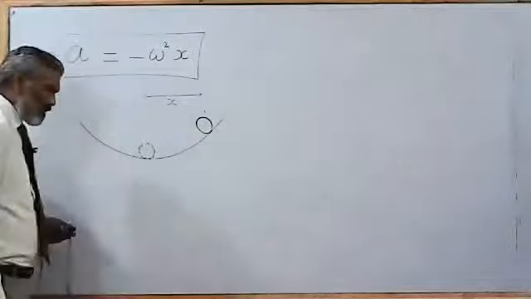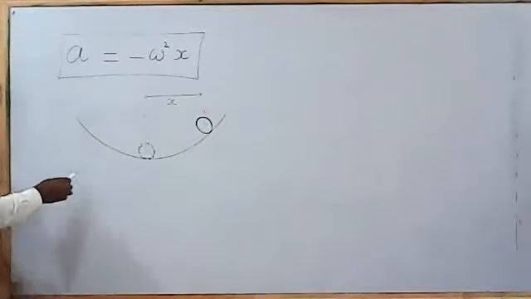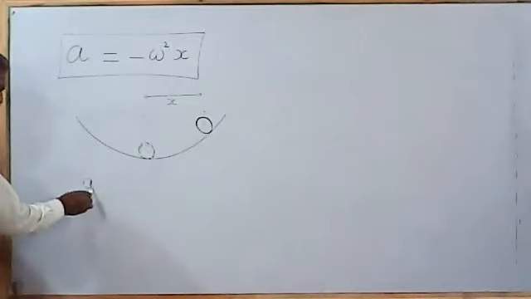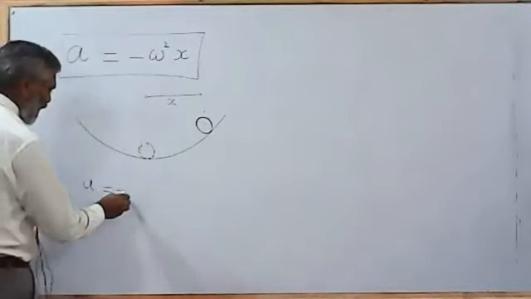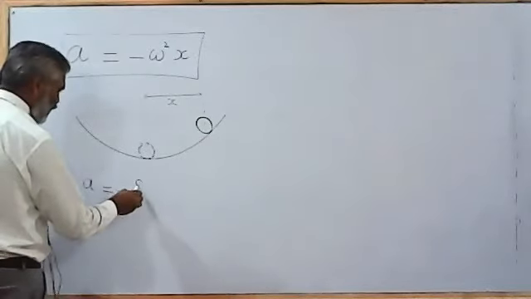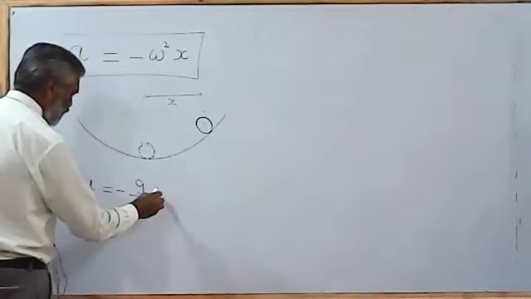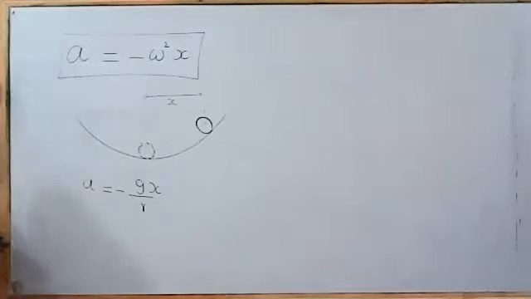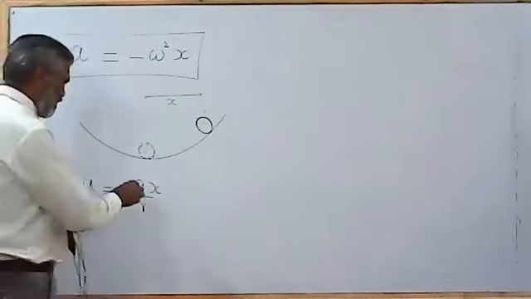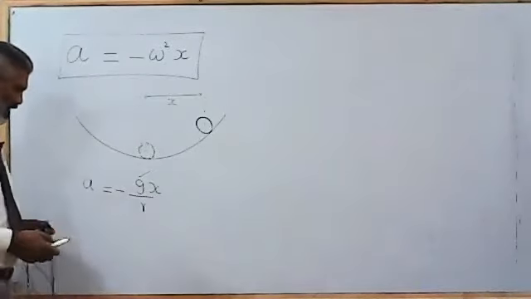It may be its position at any instant. What is given in the question is that acceleration of this object is given by an expression minus g over r into x. This expression is given in the question, and they have informed that this g is the same acceleration due to gravity.